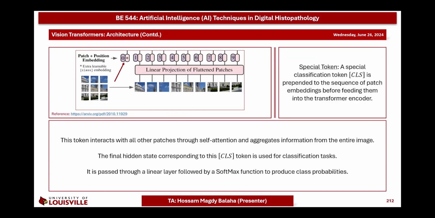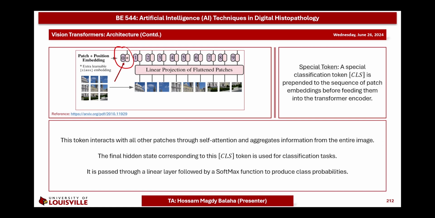After the division process and batch embedding, a special token is added, which is called a classification token, or CLS. This token is prepended at the beginning of the sequence of batch embeddings before feeding them into the transformer encoder, which is the next step.